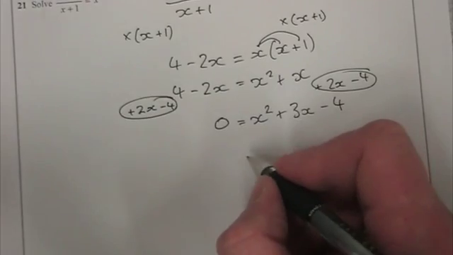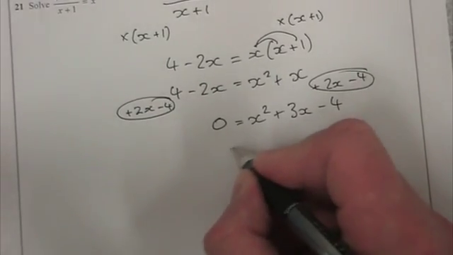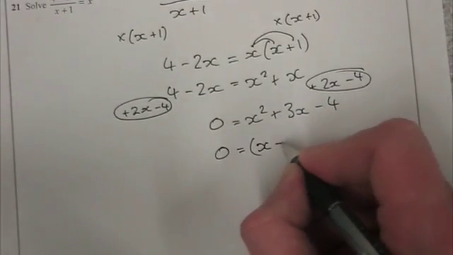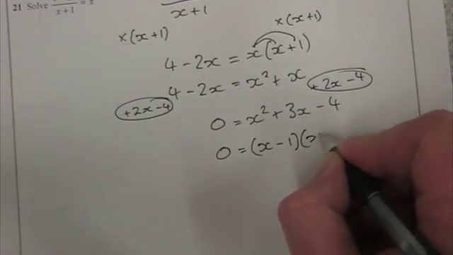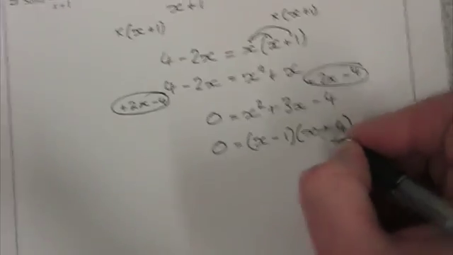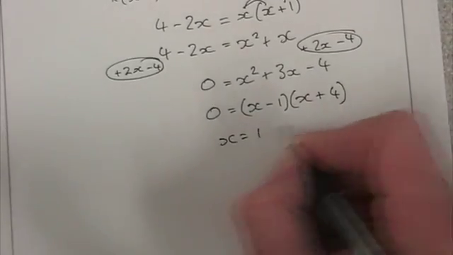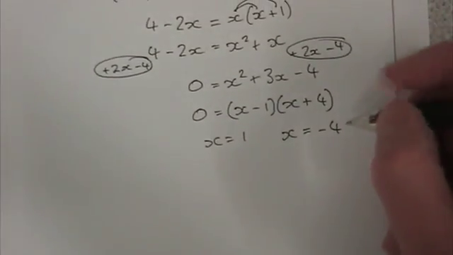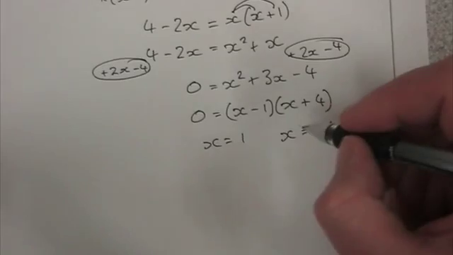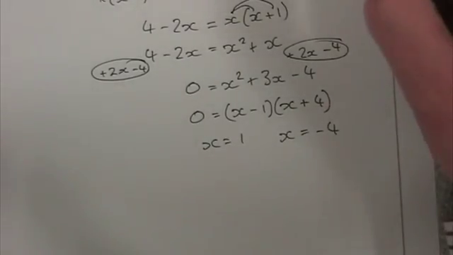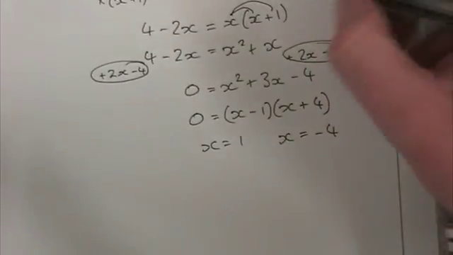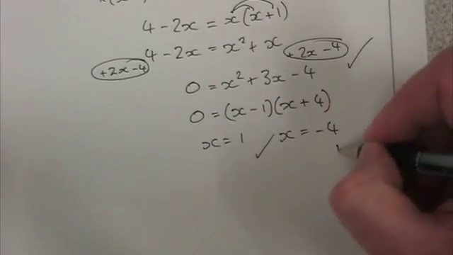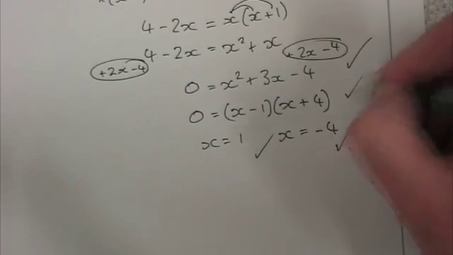The next step is to factorise, because I've realised it's possible to factorise this expression, and that becomes x minus 1, x plus 4. So my solutions, x must be 1 and x must be minus 4. It's a 4-mark question. A mark for a rearrangement into a quadratic, a mark for each solution, and a mark for the factorisation.